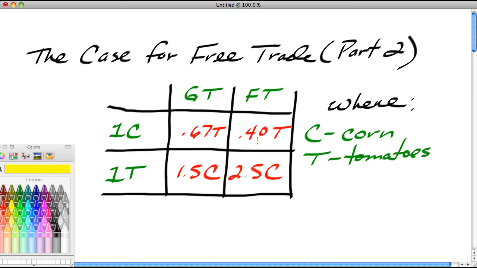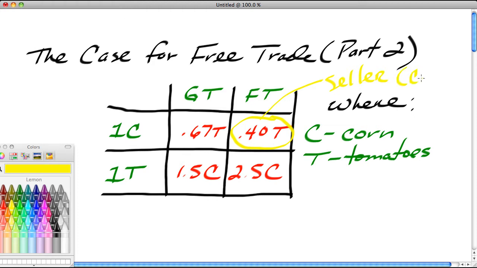In other words, Five-Thumb has what is called the comparative advantage. So when you're able to produce a product at a lower opportunity cost than your competitor, you have the comparative advantage, and we said that that would make you the seller. You should be the seller if trade is going to end up being mutually advantageous.